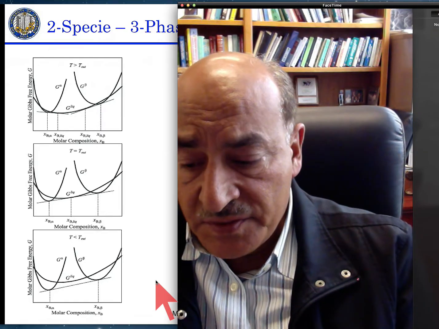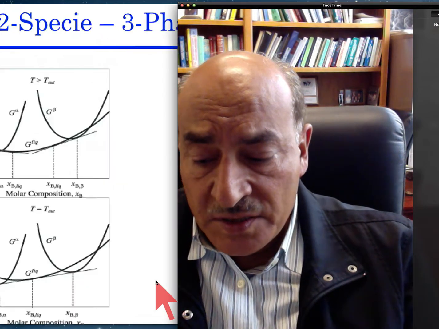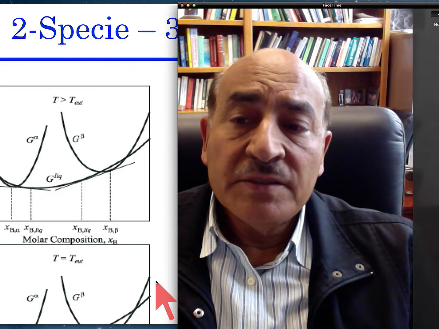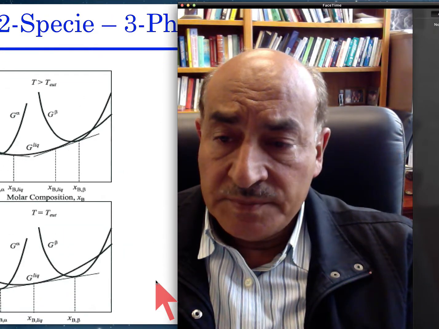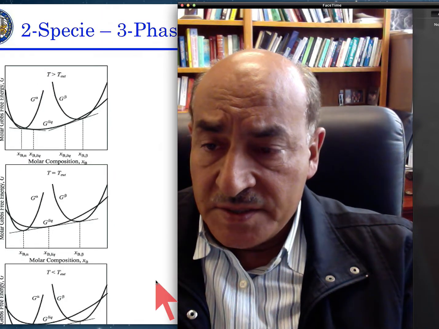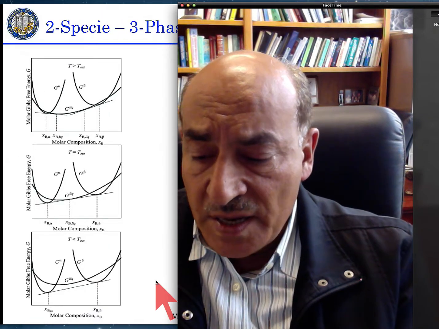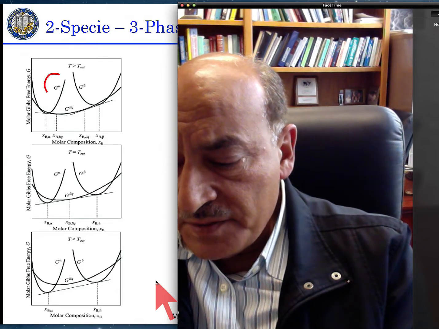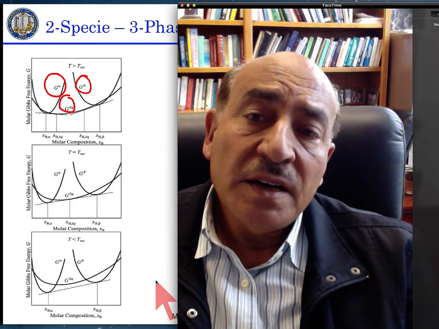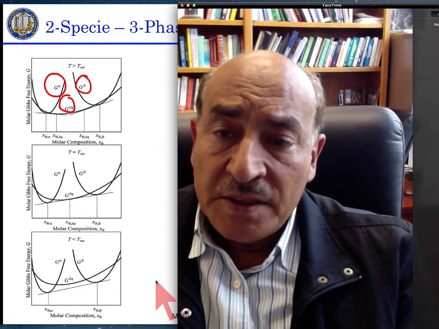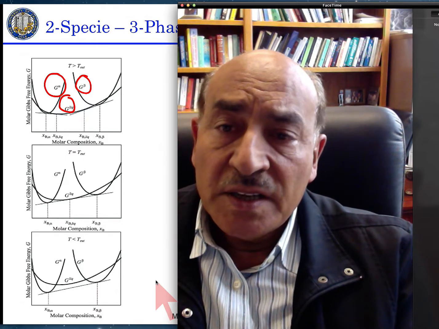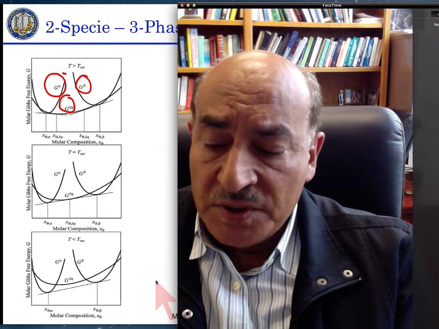If I expand this, you can see this is the molar concentration of the alpha phase, this is the liquid, and this is the beta phase. As you can see, this is at a temperature greater than what we call the eutectic temperature.